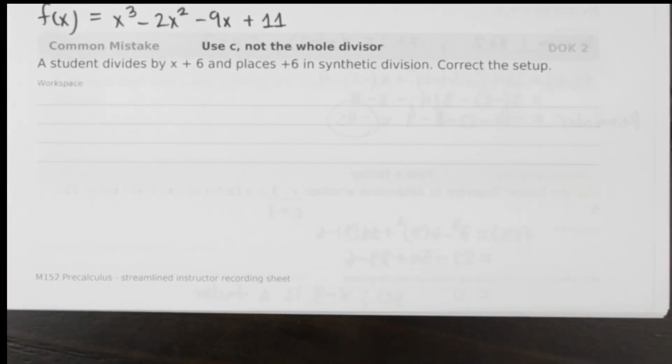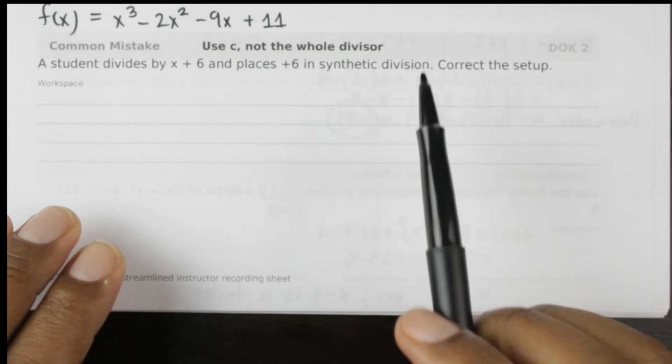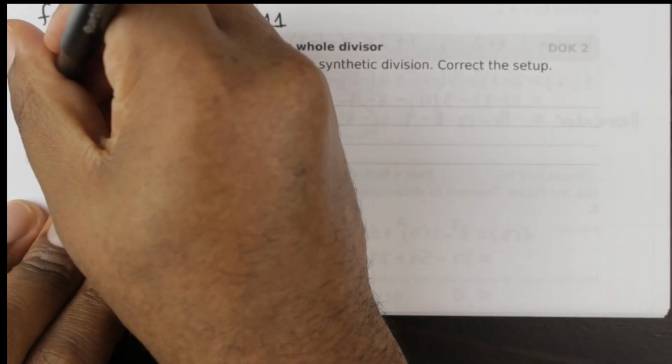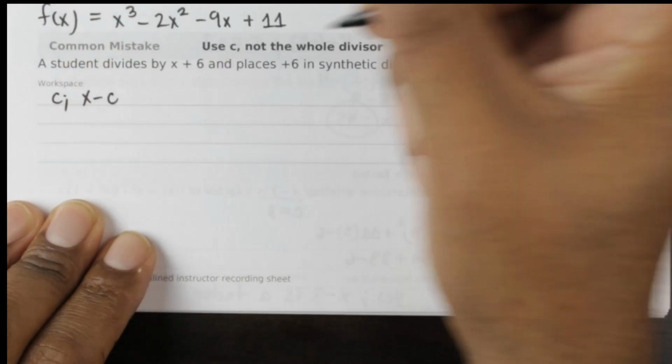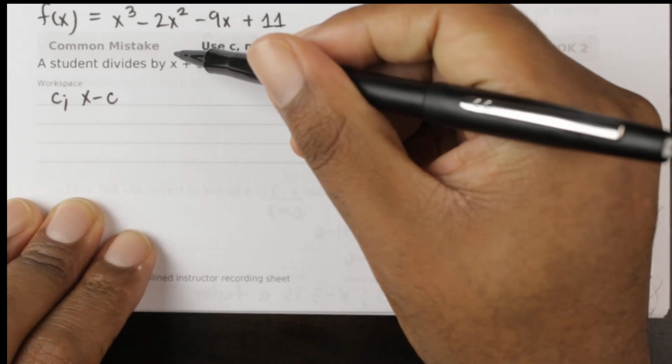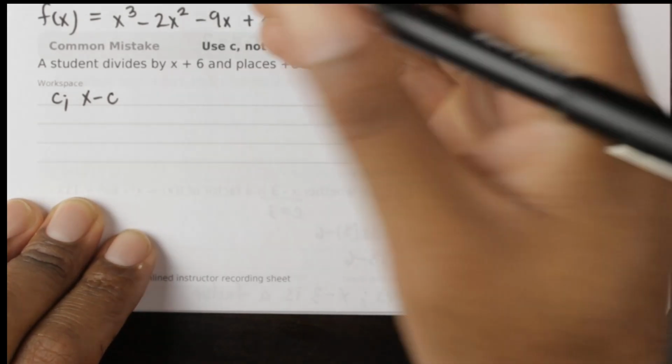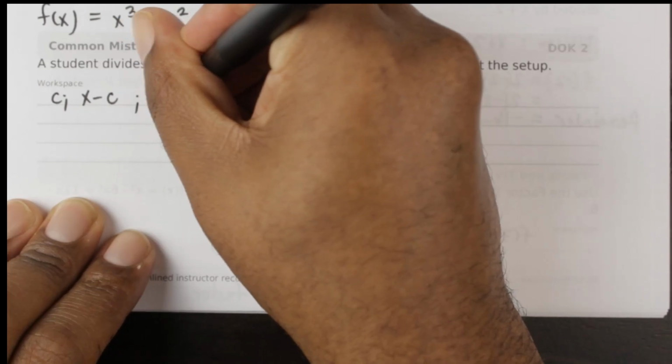Let's look at a common mistake. A student divides by x plus 6 and places plus 6 in synthetic division. Correct the setup. So this is incorrect because synthetic division uses c from the form x minus c, right? So the divisor is x plus 6 in this case.